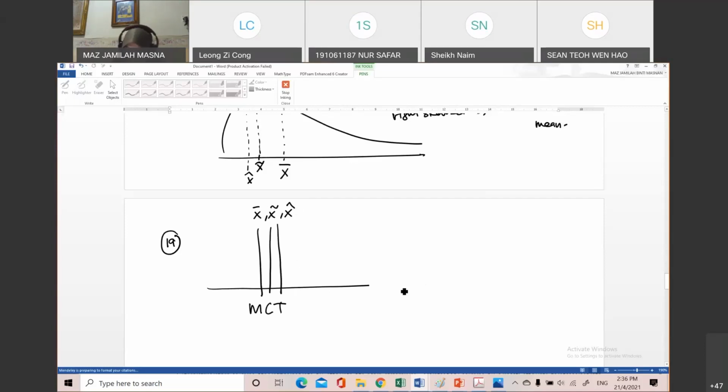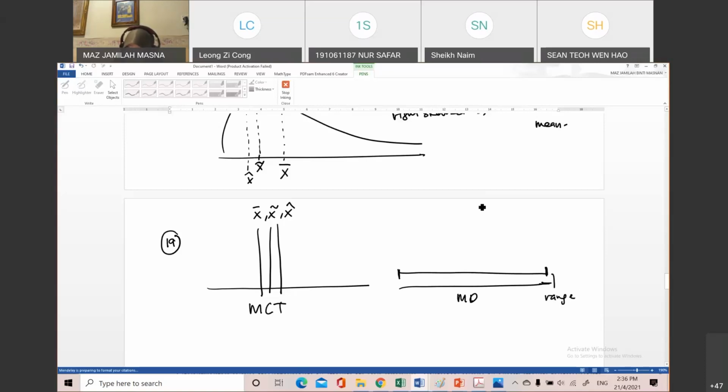But when we are talking about measure of dispersion, we are talking about how the data is distributed, from minimum to maximum. That is what we call range.